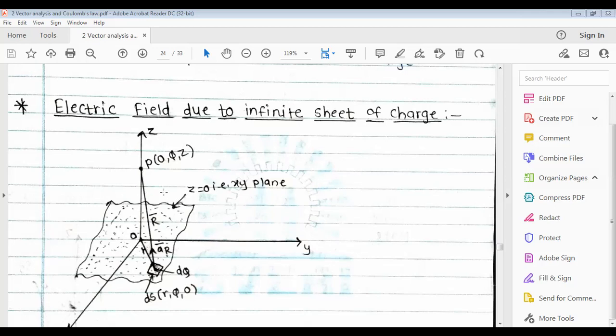Therefore phi is present, and the last coordinate is z. It is also present because we are considering point P on the z axis only. Therefore its z coordinate is present because it is the distance from the origin to point P. Okay, up to this point, any doubt?